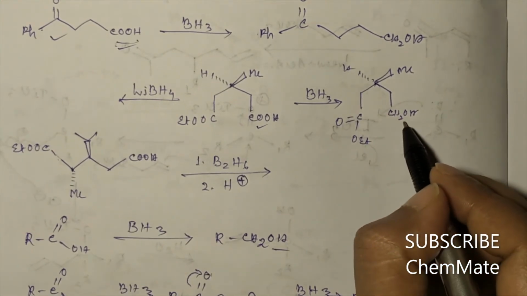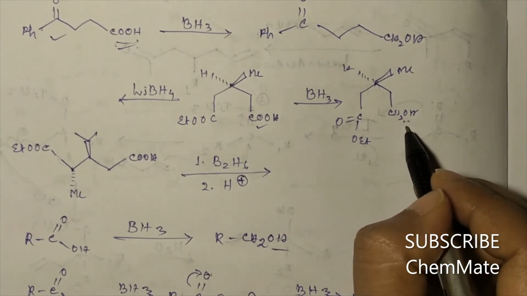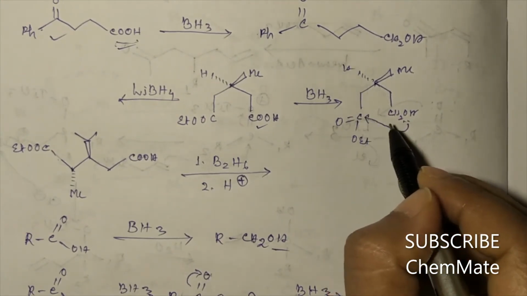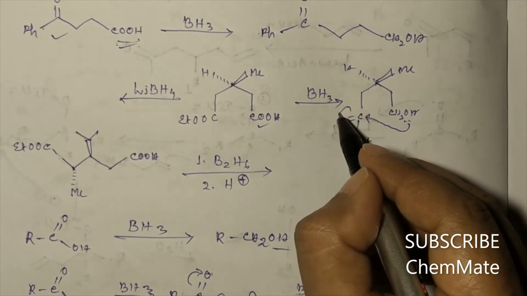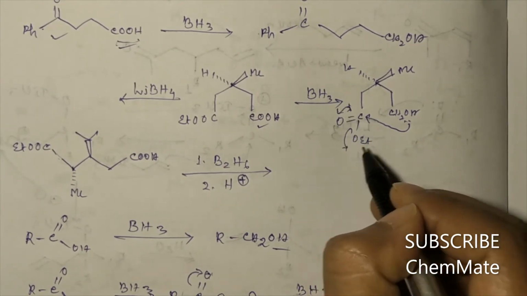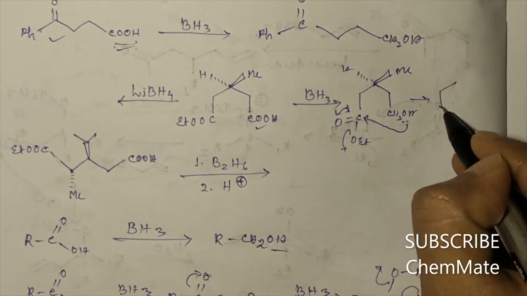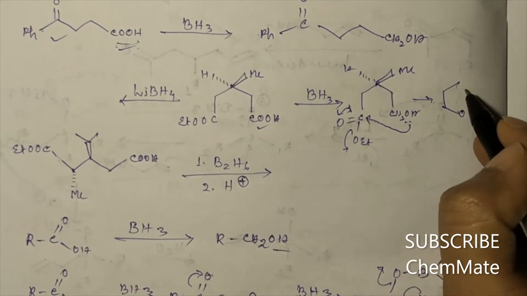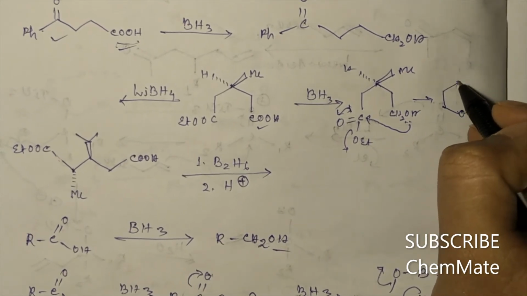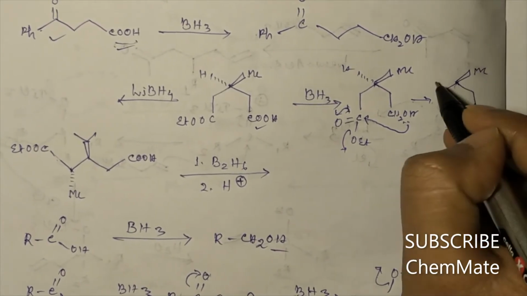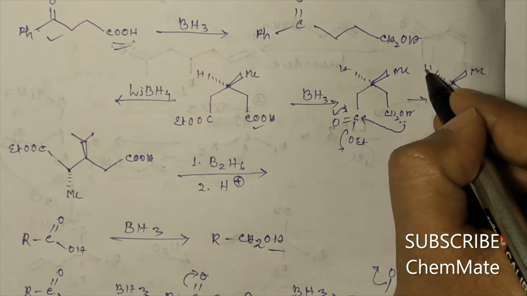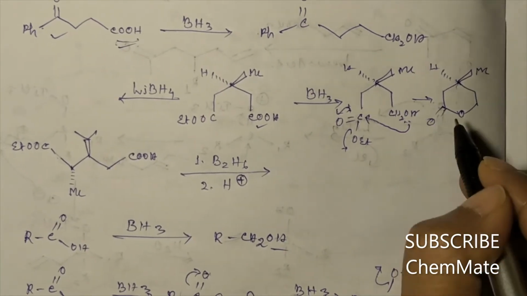Now here the alcohol will attack this carbonyl group, and a lactone will be formed. A 6-member lactone will be formed. So this will be the product.